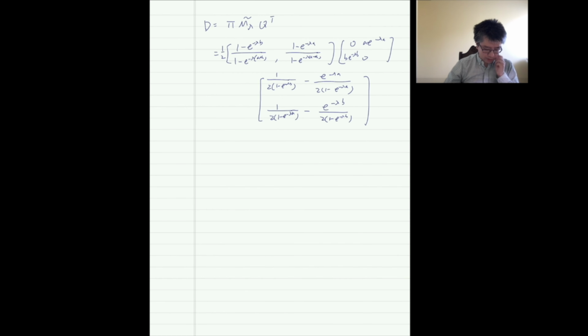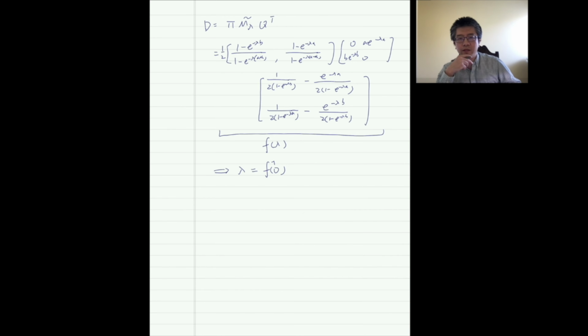Here, let's denote this as f of lambda, because that's a function of lambda. Therefore, we can get lambda is f inverse of d. Clearly it is very difficult to solve the relation between lambda and d, which is in sharp contrast to our class.